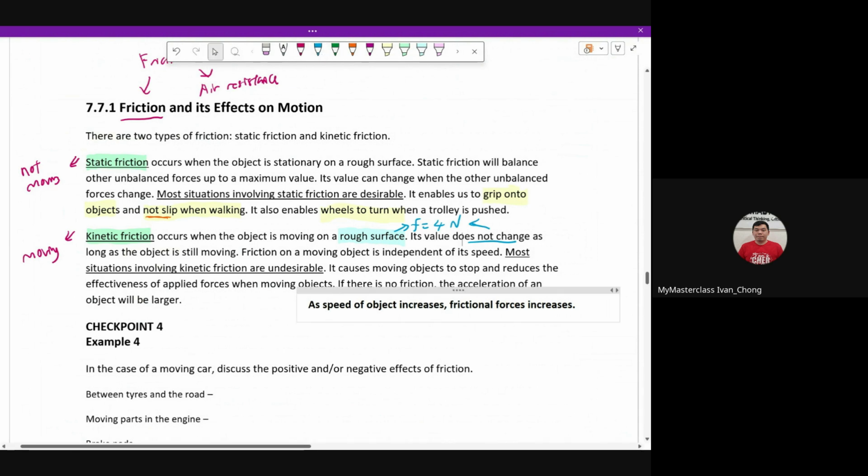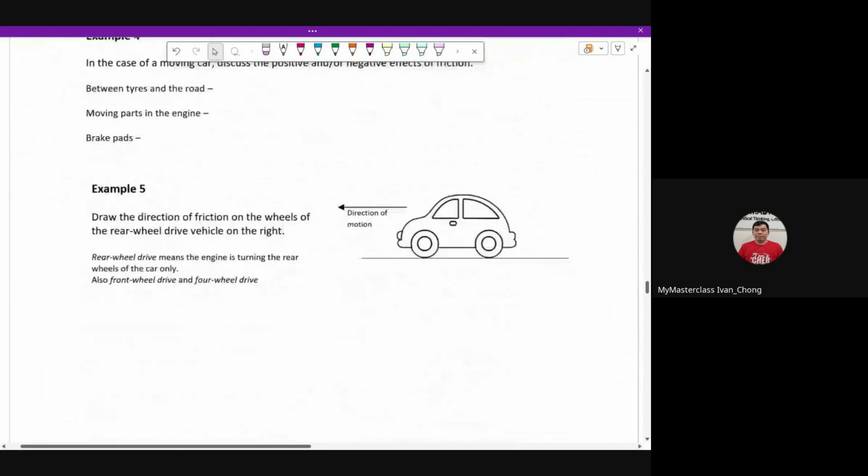Typically, speeding up or slowing down is mostly for air resistance. For friction on the ground, usually we use a fixed number, even though in reality it is not really fixed and will also increase. But for convenience, to calculate things properly, we'll just assume that it remains constant. Okay? So let's take a look at the worked example below.